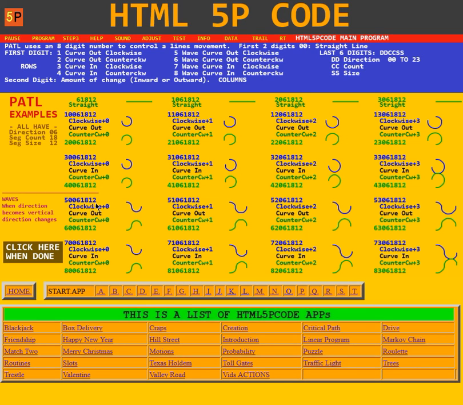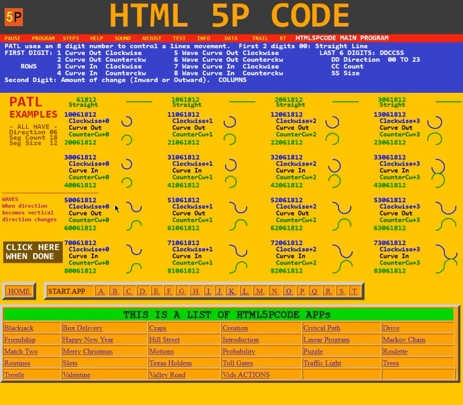Down below here, though, there are waves. Now waves change when it goes vertical. So here we have it starting out to the right, and as soon as it curves down to the vertical, it switches directions. That's called a wave.